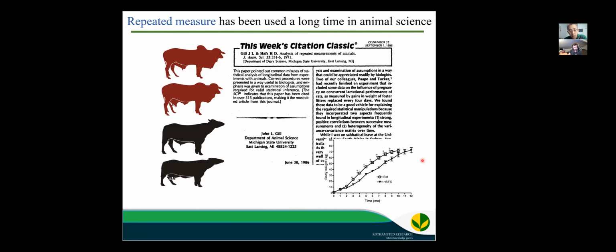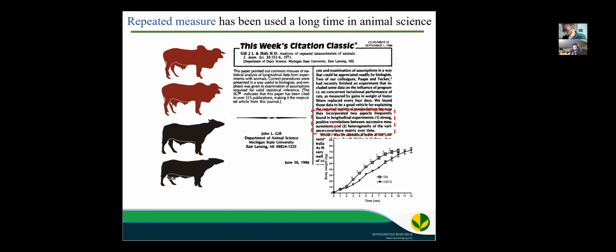Just to finish this session, I would like to say that repeated measures have been used for a long time. If you read the papers, it has been used in animal science for a long time. What I want to bring in this paper is one of the properties of time series: in longitudinal experiments, there are strong positive correlations between successive measurements.